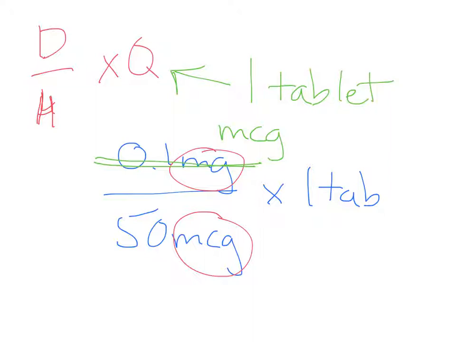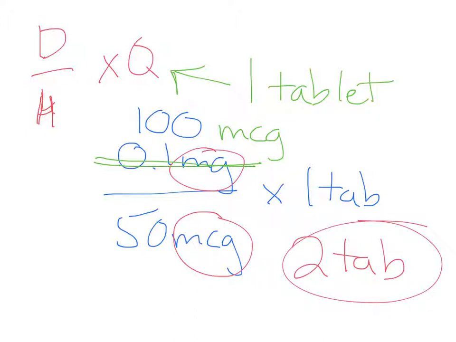Either way, 0.1 milligrams converted to micrograms gives us 100 micrograms. Now that they're both in the same unit, I can go ahead and divide. We take 100 divided by 50, which gives us 2, times 1 gives us 2 tablets. We would tell this patient to take 2 tabs. I hope that helped. Remember, D and H have to be the same unit.